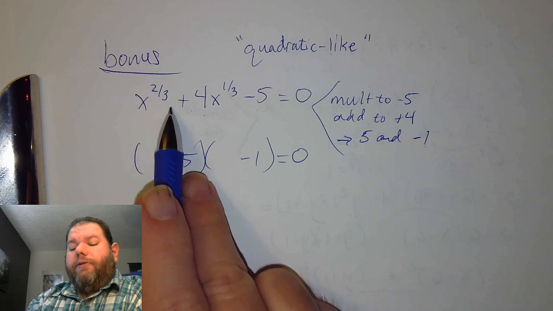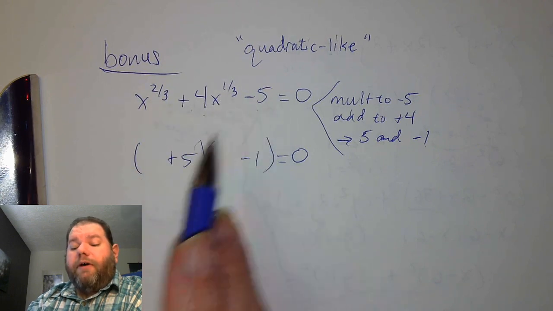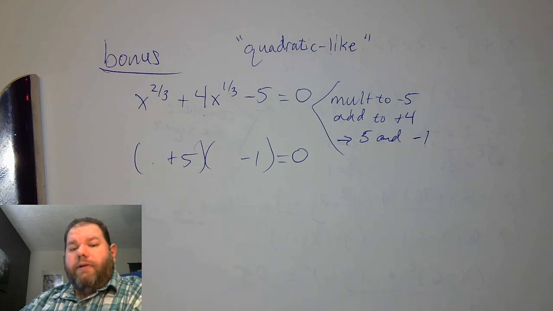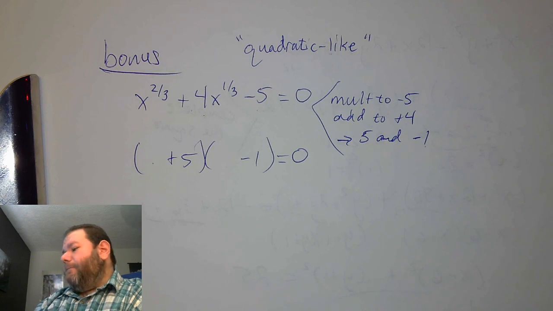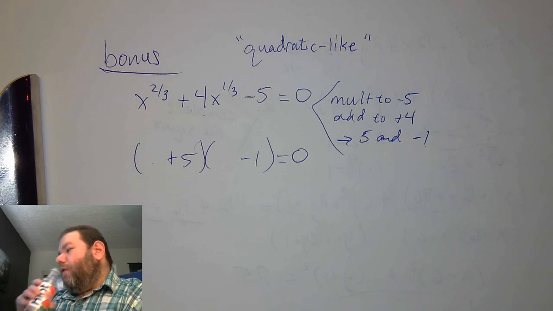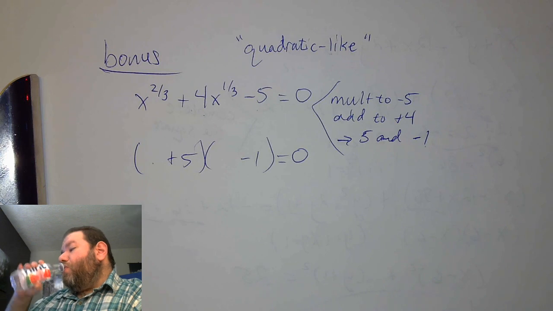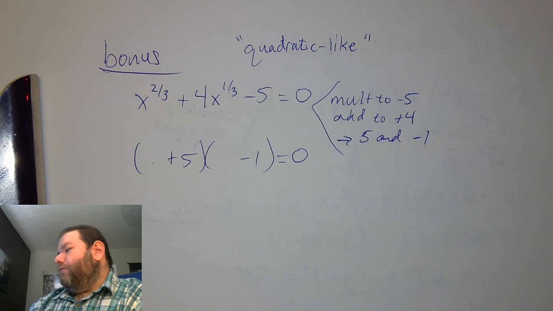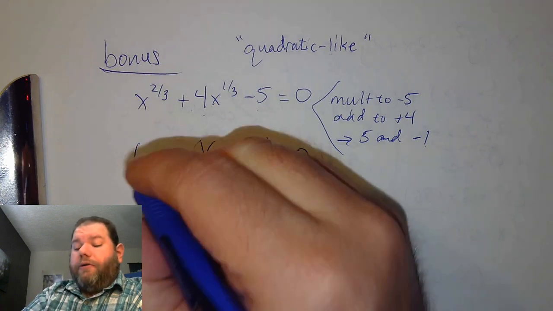So if we have x to the 2/3 plus 4x to the 1/3 minus 5, what is going to go in the first part of each of these parentheses? x to the 1/3. Good.